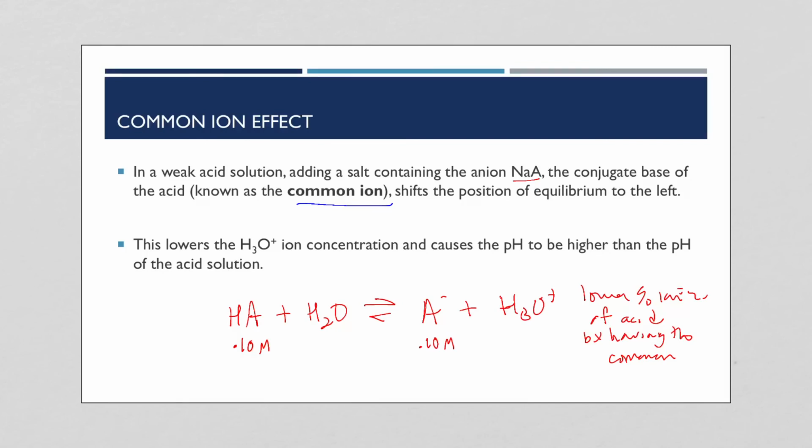If we just have the weak acid in water, it's going to have some percent ionization. But by having a large initial amount of A minus, it's going to reduce the tendency of the equilibrium to make more A minus, and so it's going to lower the percent ionization of the acid because of the common ion effect.